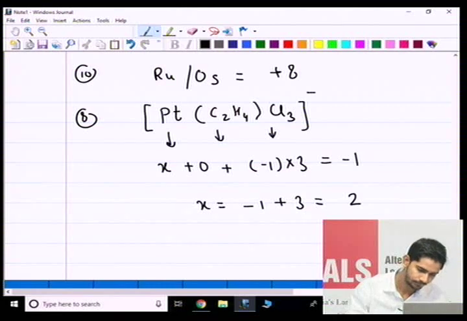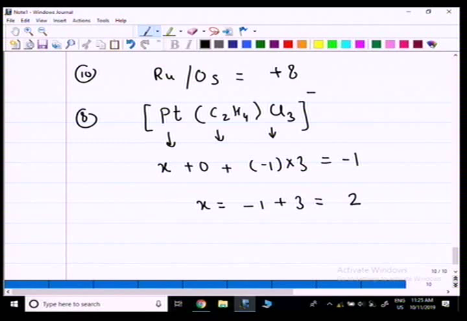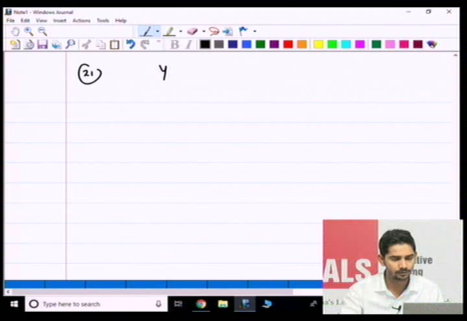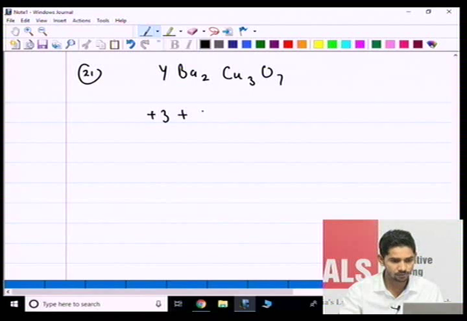21. In question number 21, we are given the compound YBa2Cu3O7. Oxidation state of Y is given to us as +3. Barium is +2, into 2. Copper we have to calculate.